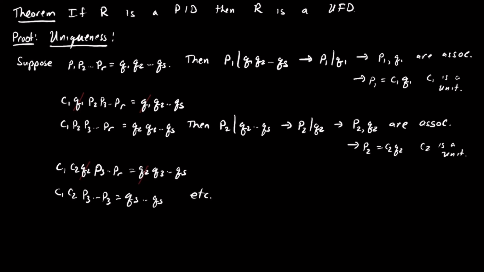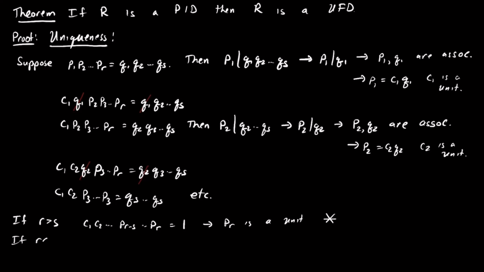So what do I notice? If R is greater than S, then there are more elements on the left-hand side than on the right-hand side, and I'm going to end up with C1, C2, all the way up to P(R minus S) up to PR is equal to 1. But this tells me that PR is a unit, so that's a contradiction.